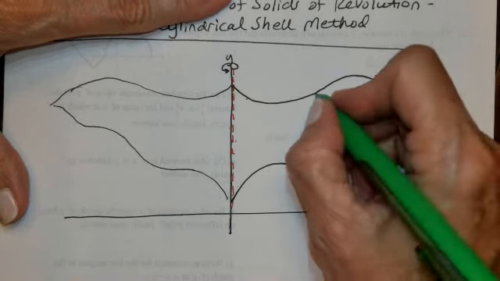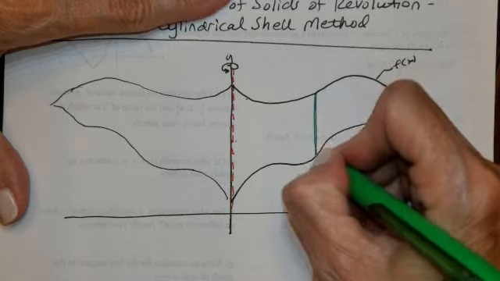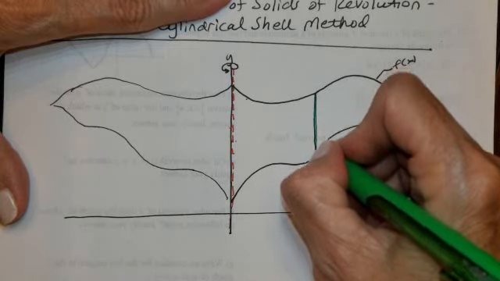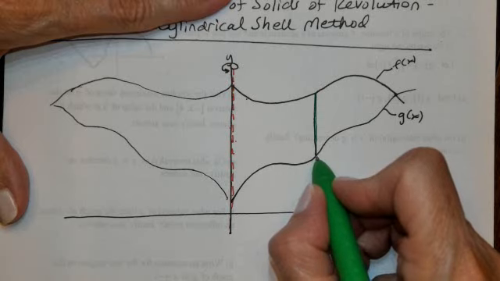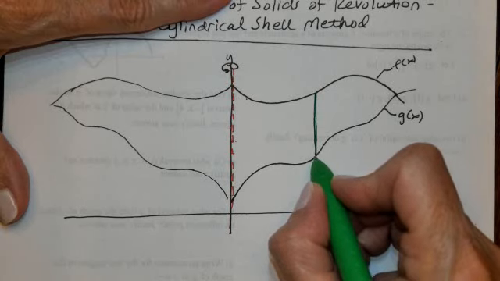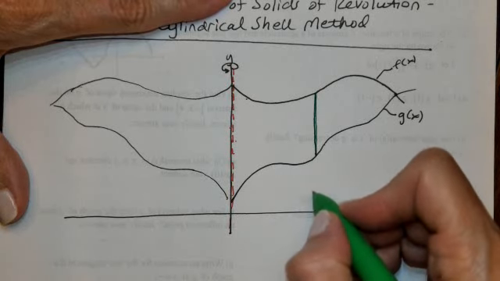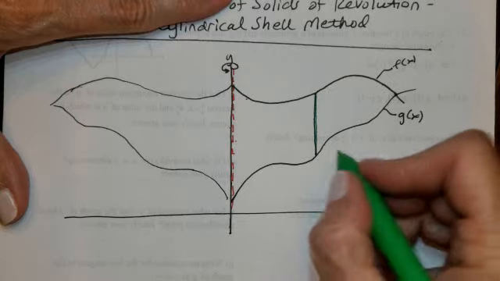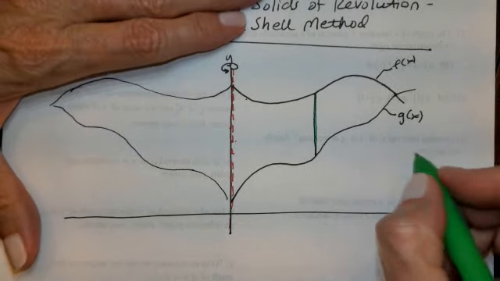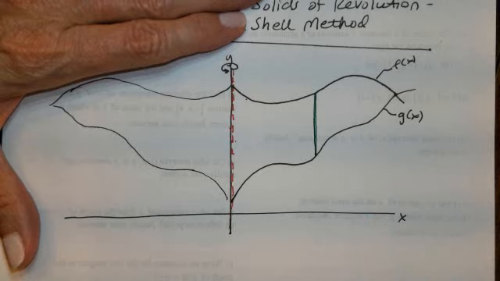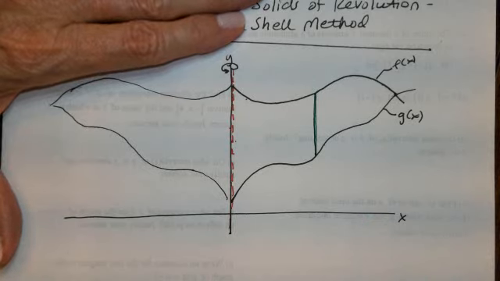So that's my little slice, okay? So eventually we're going to give it a little thickness. So that little thickness of that slice will be a little delta x, right? So even though we have this vertical axis of revolution, we're going to have a delta x in our problem, so we're going to have a dx in our integral, okay?